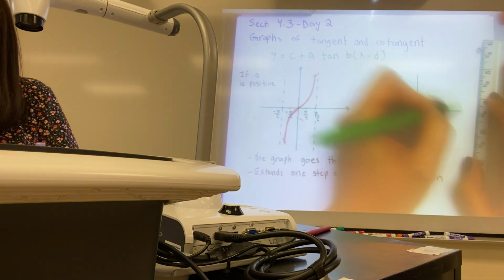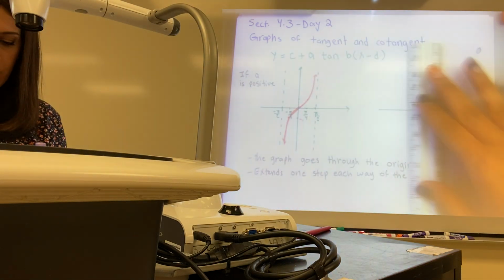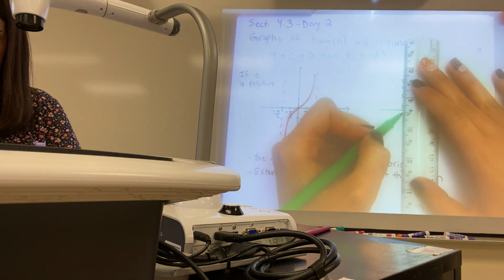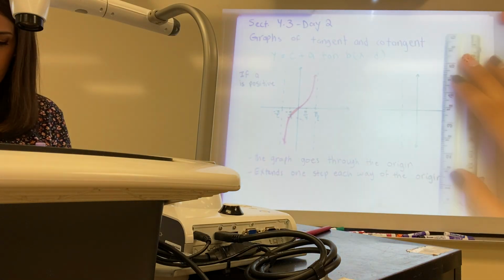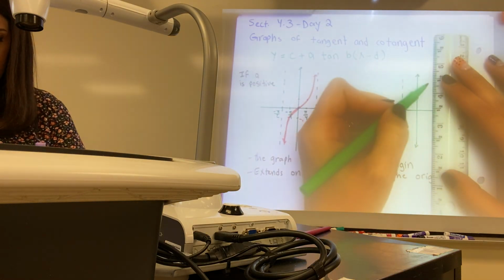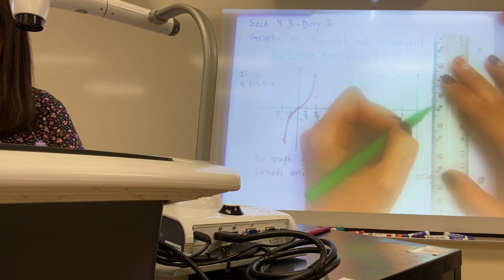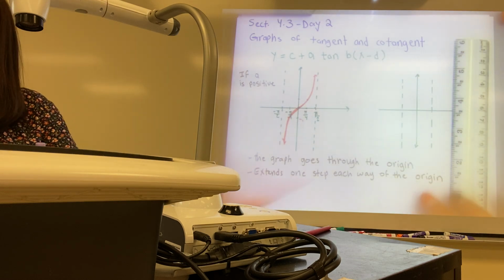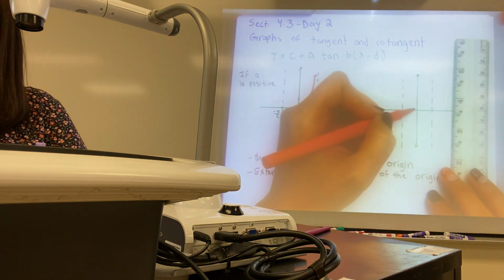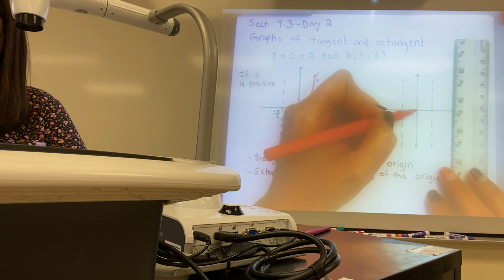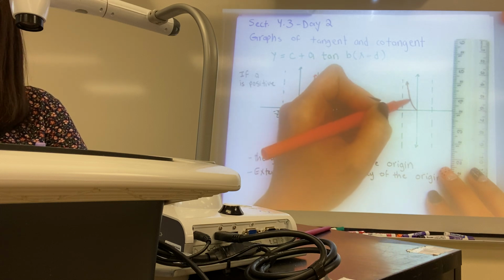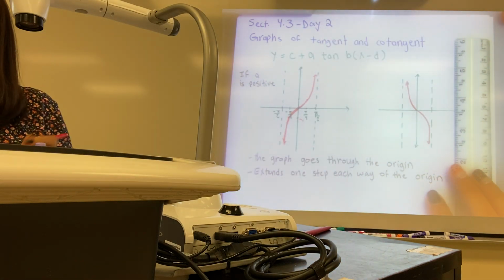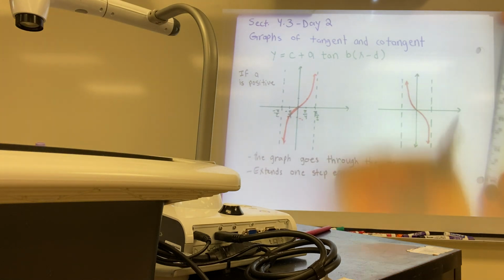X and Y will have a vertical asymptote on the left and the other one on the right. Okay, and the graph. That's when A is negative.